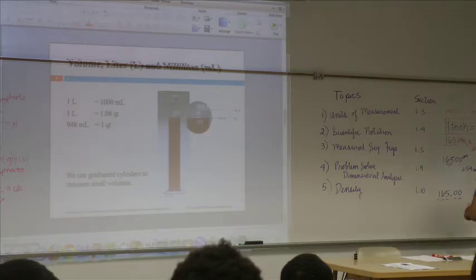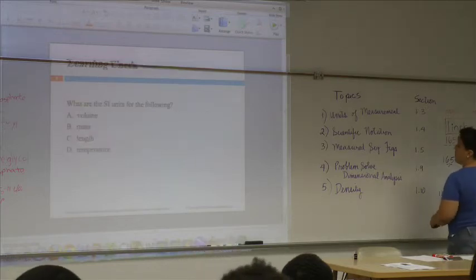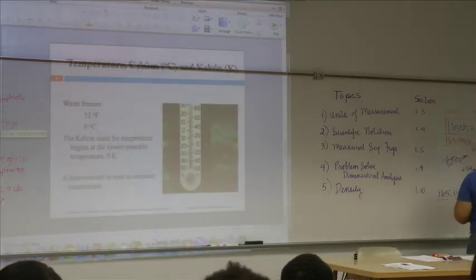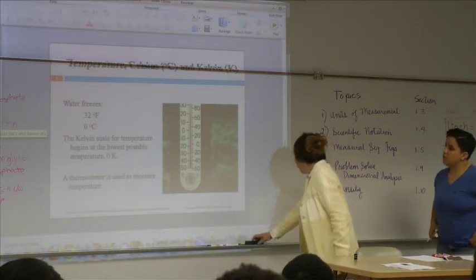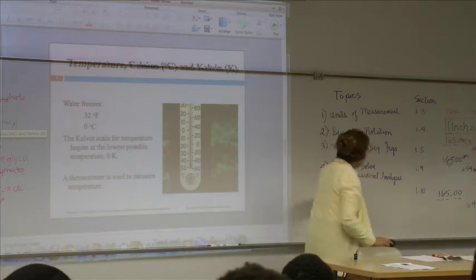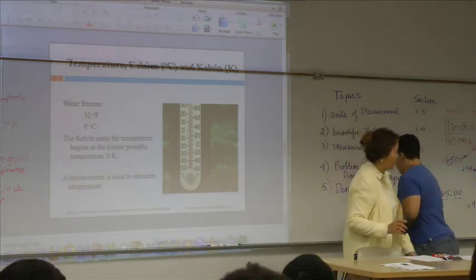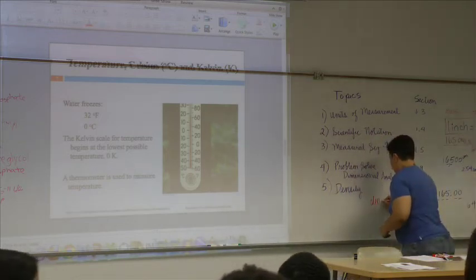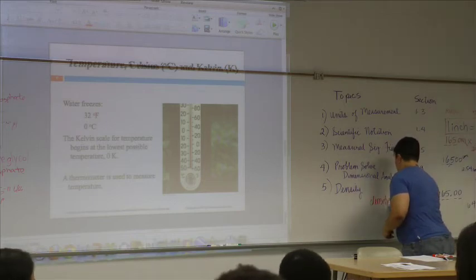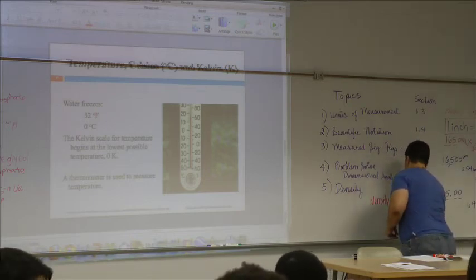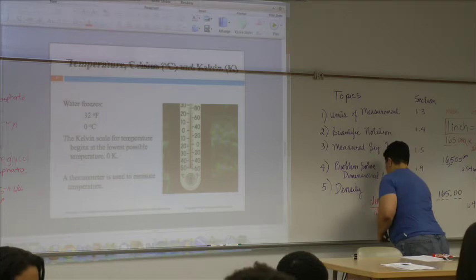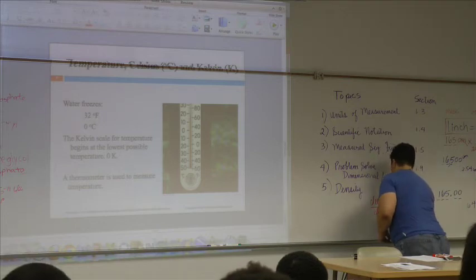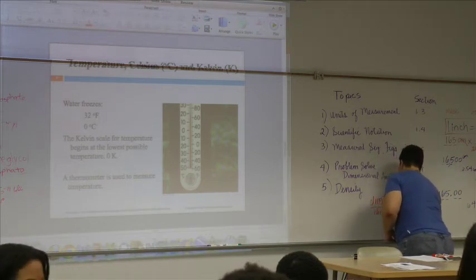Let's write it down. For those that have their textbook, look at the glossary, where the definitions are, and see what the definition of specific gravity is, and discuss amongst yourselves what you think it is.